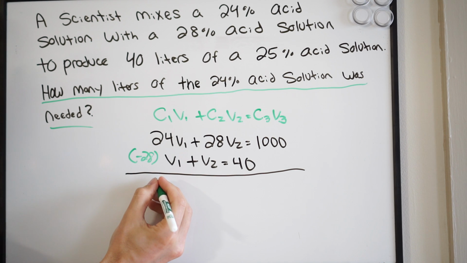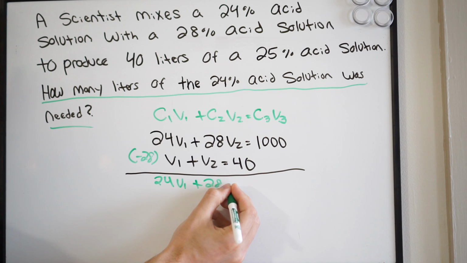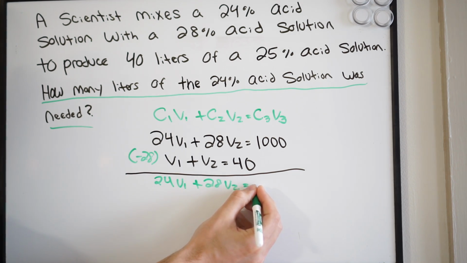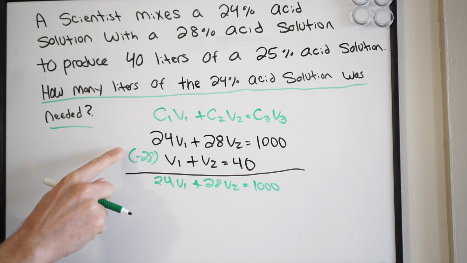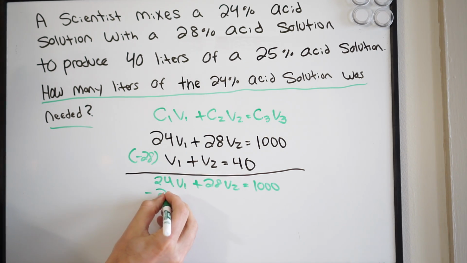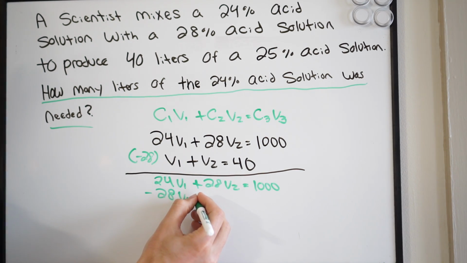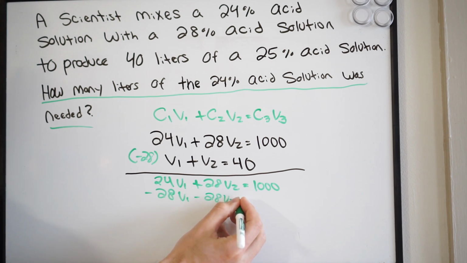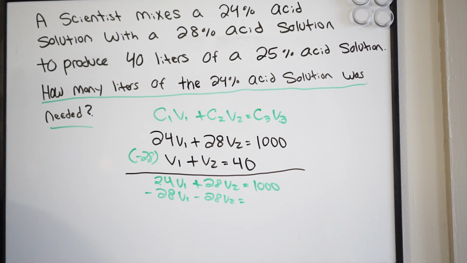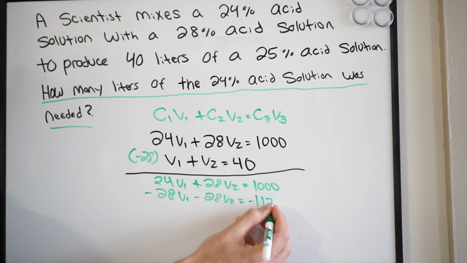We have 24 V1 plus 28 V2, and this is all equal to 1,000. All right, and now we're going to multiply this bottom equation by negative 28, so we'll have negative 28 V1, then we'll have negative 28 V2, and then we have negative 28 times 40, we get negative 1,120.